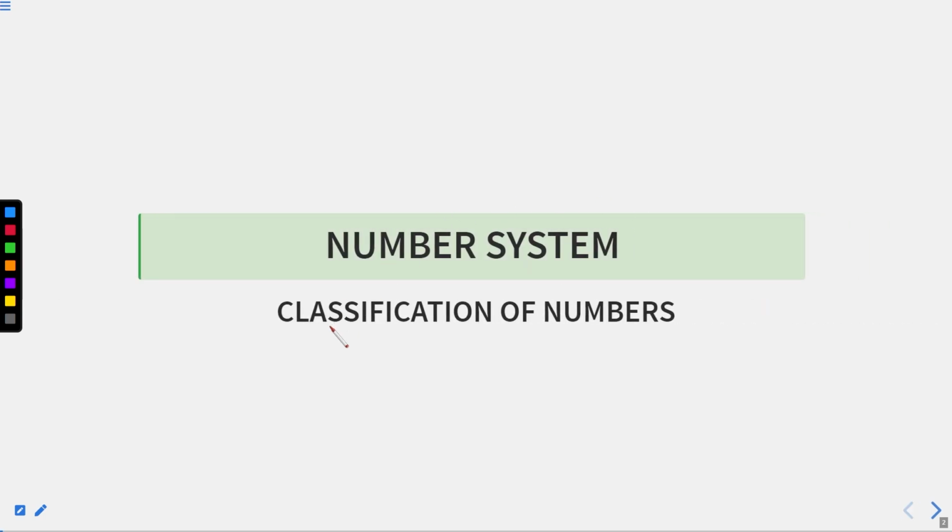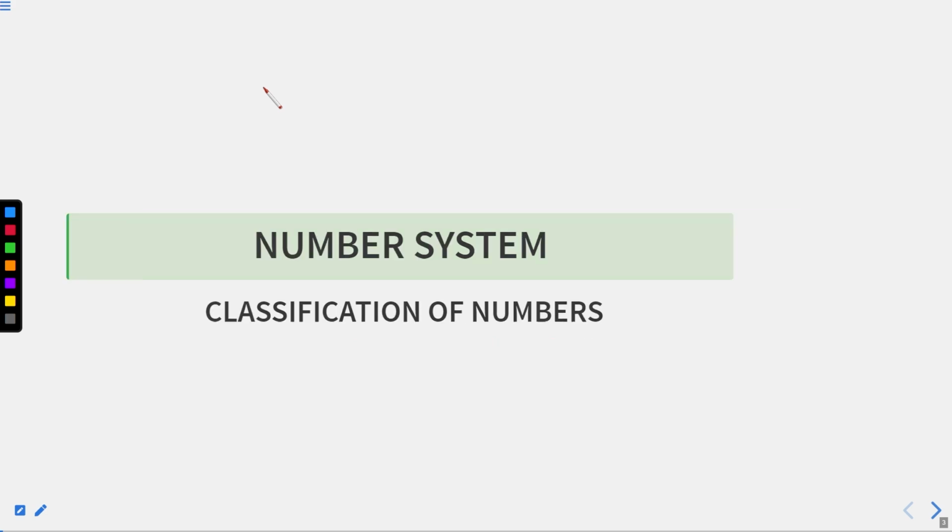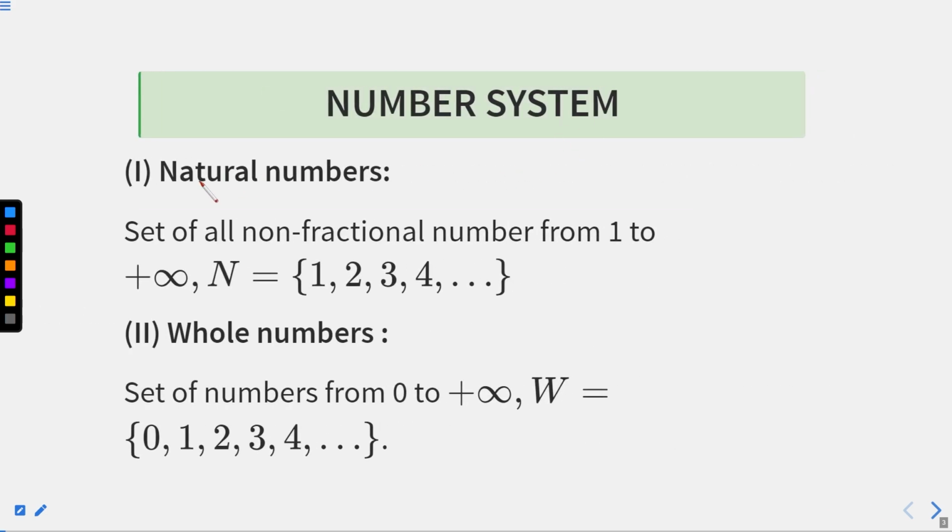First we see the types, or the classifications, of numbers. What are the different types of numbers? If you recall, we first learned about natural numbers.